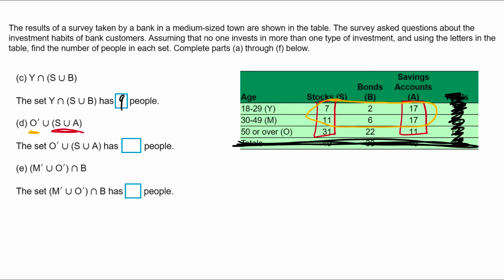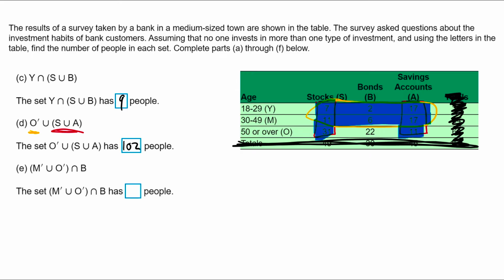But we also need to add the 31 and 11. So we're adding together everything that's in S and everything that's in A together with everything that's not in O. All of those things that we circled or put a square around are counted. So we're going to add 7, 2, 17, 11, 6, 17, 31, and 11. And that's going to give us 102 people.